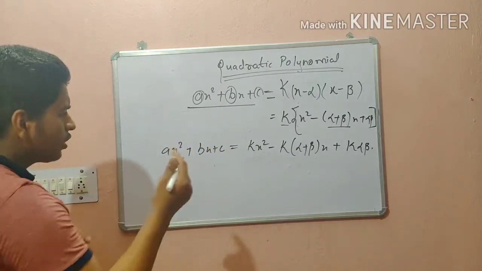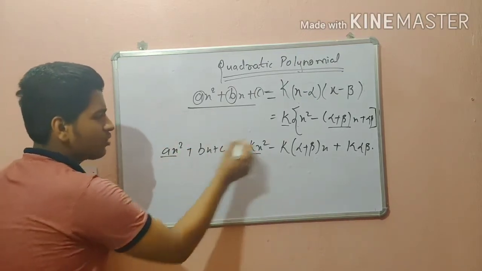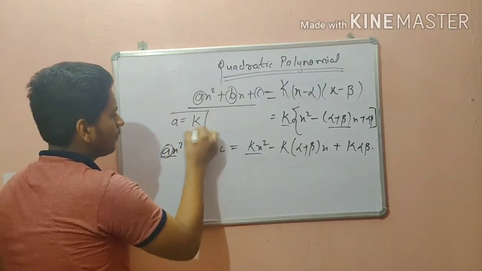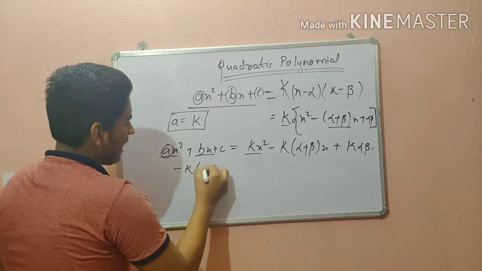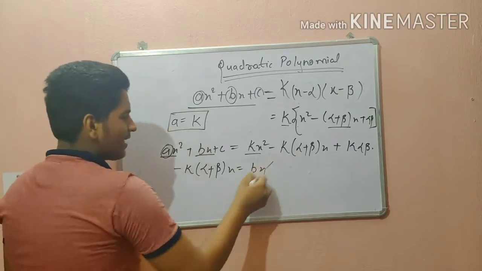When we compare, the x square cancels and a will be equal to k. Now for bx: minus k(alpha plus beta)x equals bx, x cancels out.